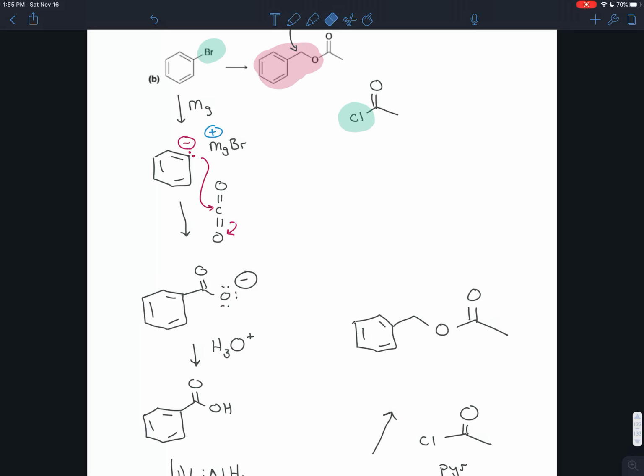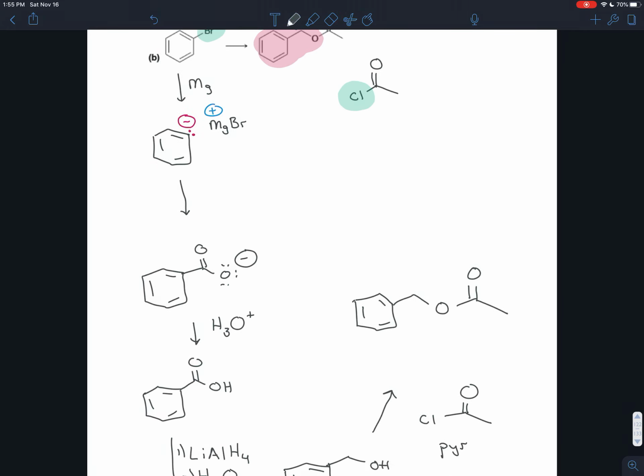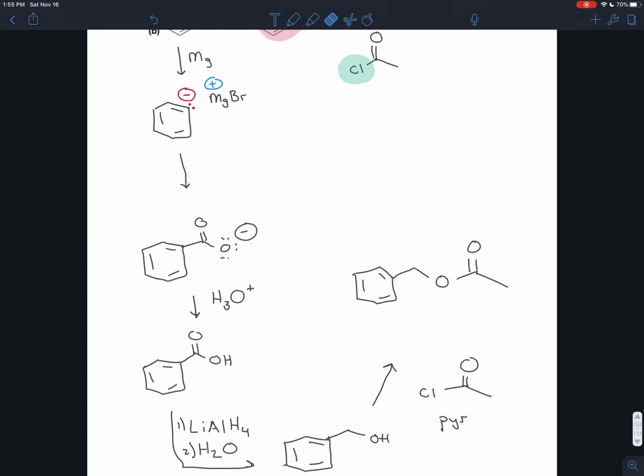Another possibility, instead of using carbon dioxide here, is you could sort of shorten the process a little bit by treating this with an aldehyde, formaldehyde specifically, an aldehyde with just one carbon. Now, I know that doesn't seem very obvious at first.